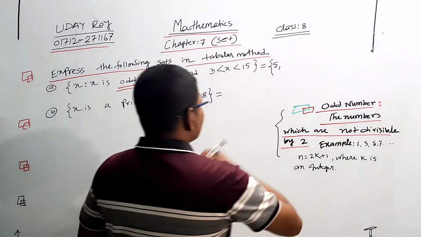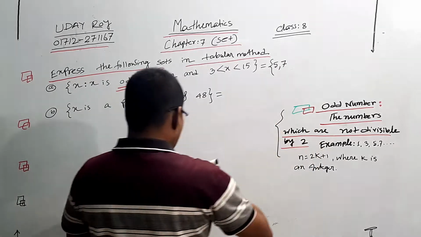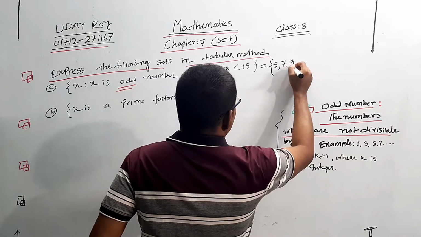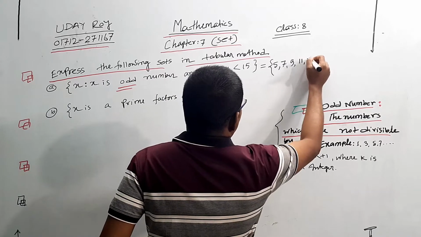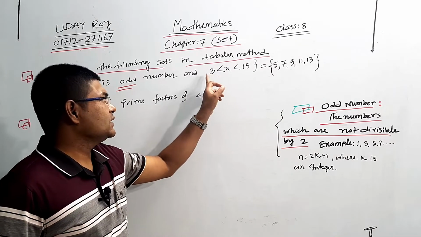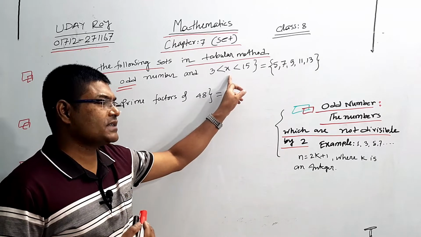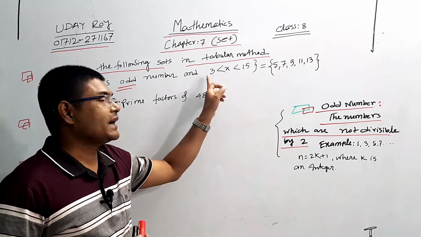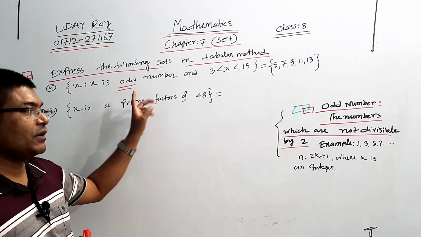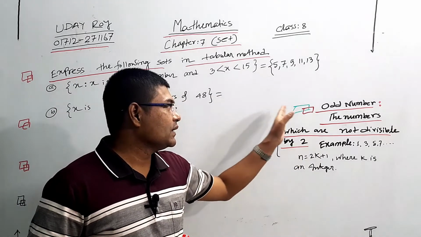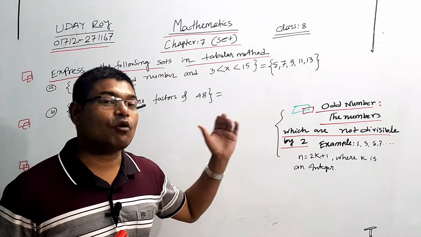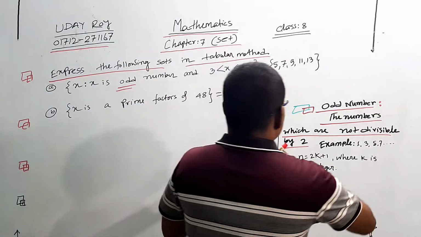So we take 5, then 7, then 9, then 11, then 13, because according to the condition the values of x will be less than 15 and greater than 3, and the other condition is odd numbers. What is an odd number? The numbers which are not divisible by 2. That's the odd number. So this math is done.